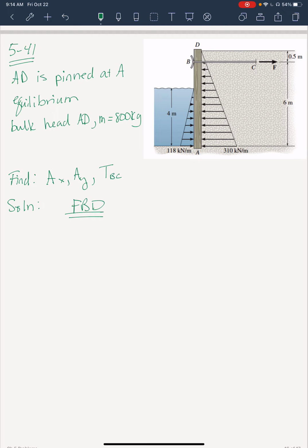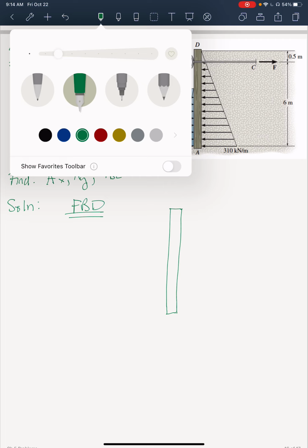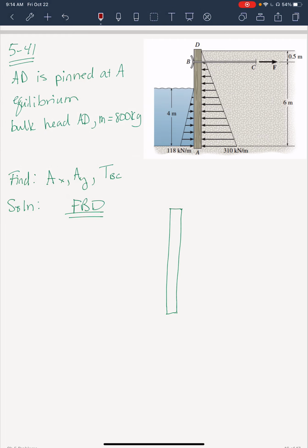I'm going to draw AD, which is the body that we're interested in, and then start drawing the forces. We have distributed loads in the shapes of triangles.